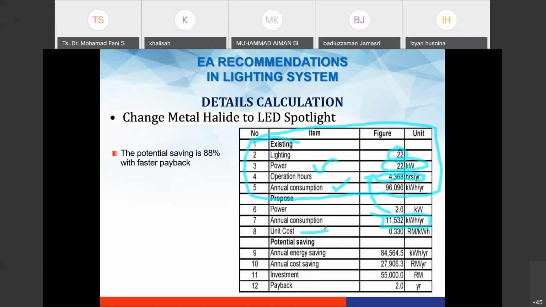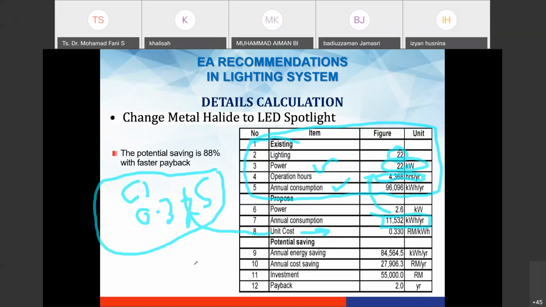And for the unit cost per kilowatt hour, we refer to the tariff. For example, tariff C1 0.365, the new price rate since 2014. So multiply with the value of the tariff.